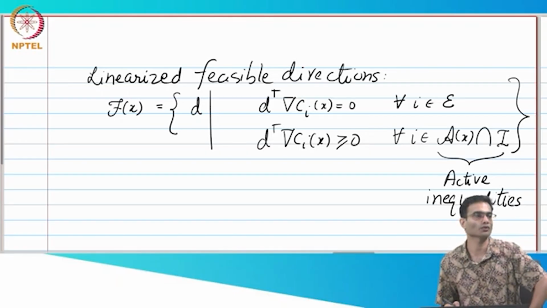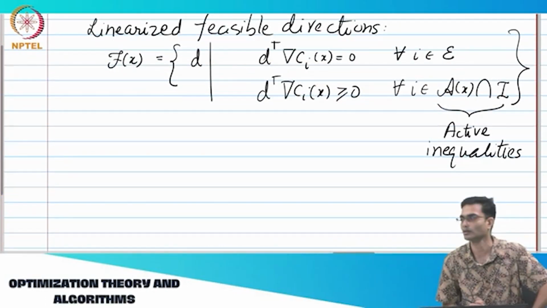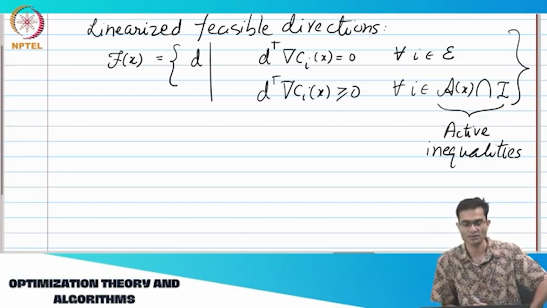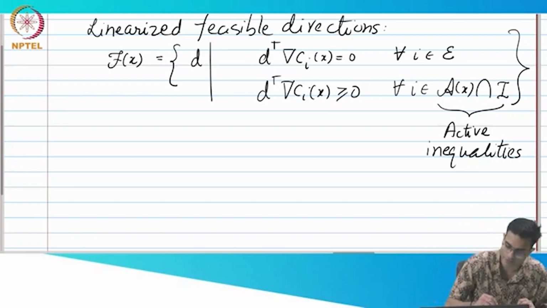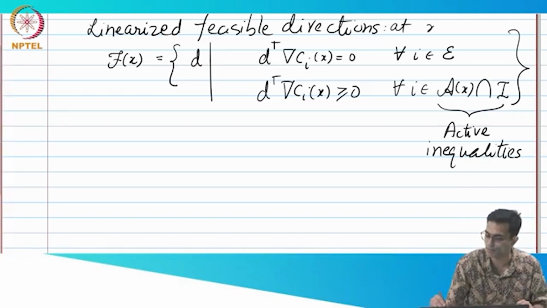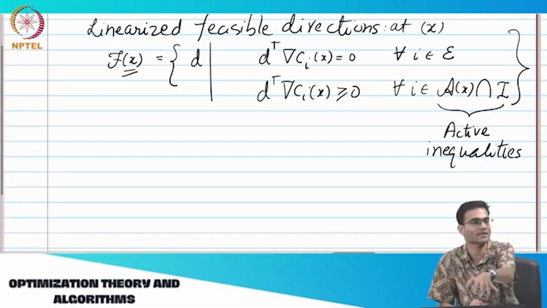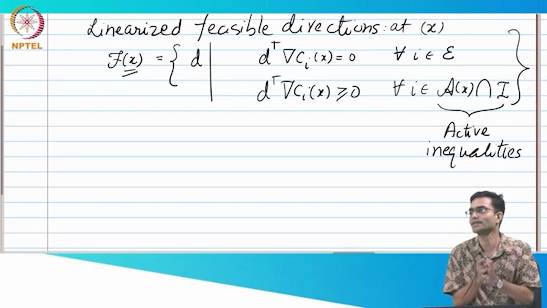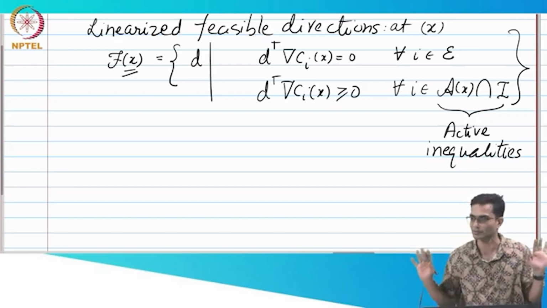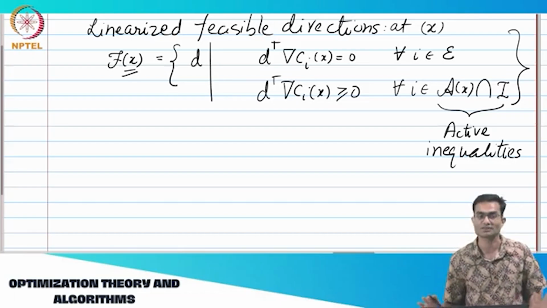So what we already know has been formalized in some fancy language. This captures the linearized feasible directions at a point x. You calculate the d which satisfies both of these sets, which is the d in which I can potentially move. Then I have to see whether that d gives me an increase or a decrease, and so on. That's the rest of the story. But this is the set of feasible directions as given by the constraints.